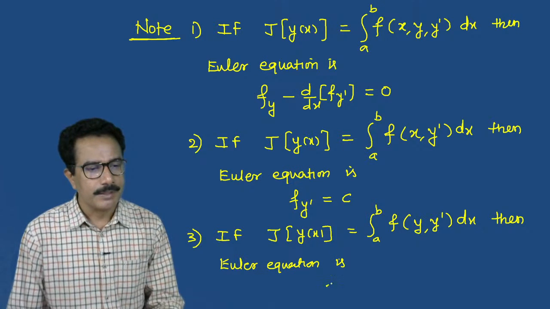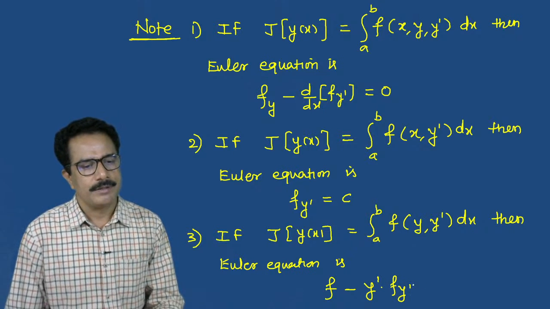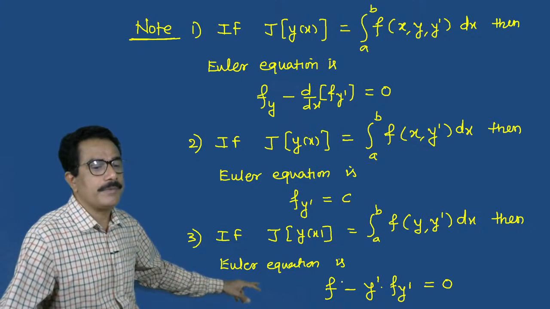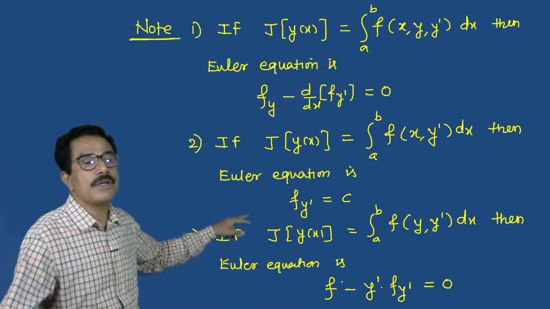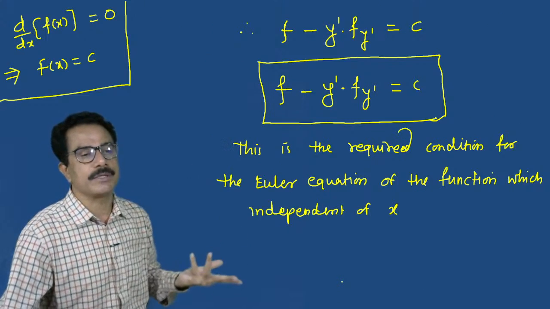We have proved f minus y dash into fy dash which is equals to 0. This is the Euler second condition, this is the Euler first condition, this is the Euler generally which is equals to 0. Now आता याच्यावरचे प्रॉब्लेम्स घेऊ.